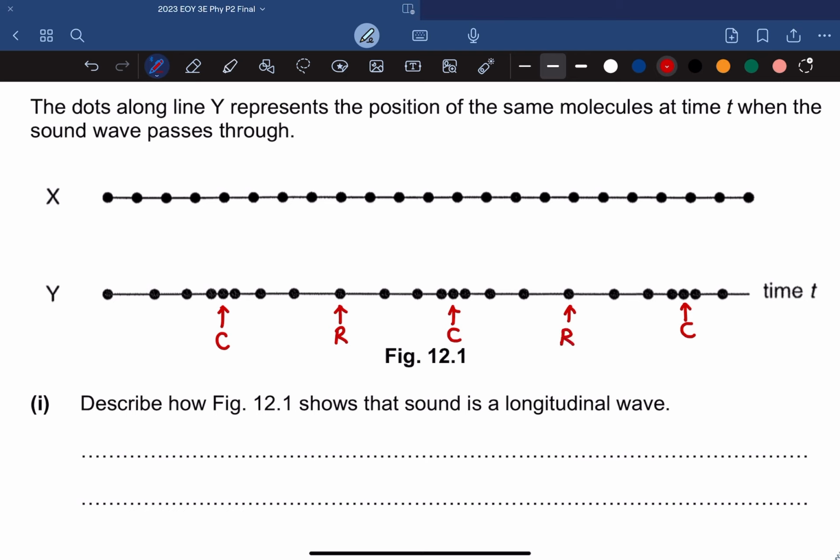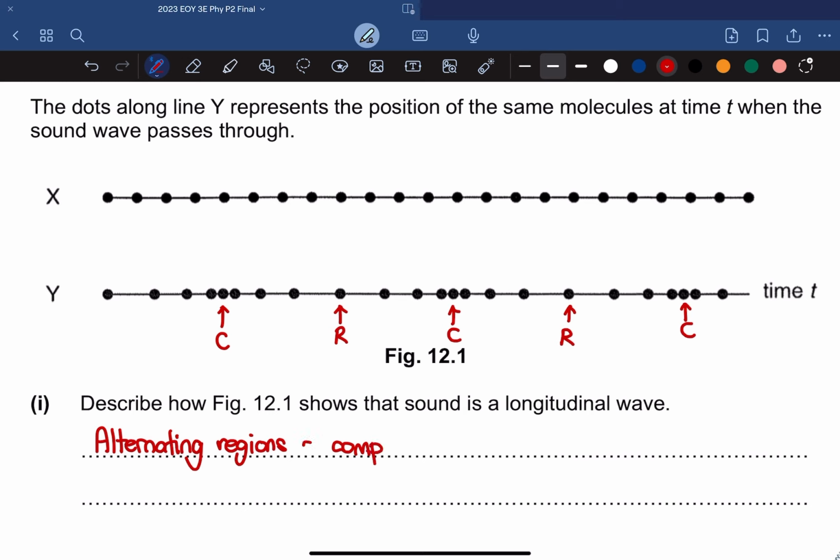So how does figure 12.1 show that sound is a longitudinal wave? You can immediately identify from figure 12.1 on line Y a very important keyword, which is alternating regions. Alternating regions of compressions and rarefactions can be seen.